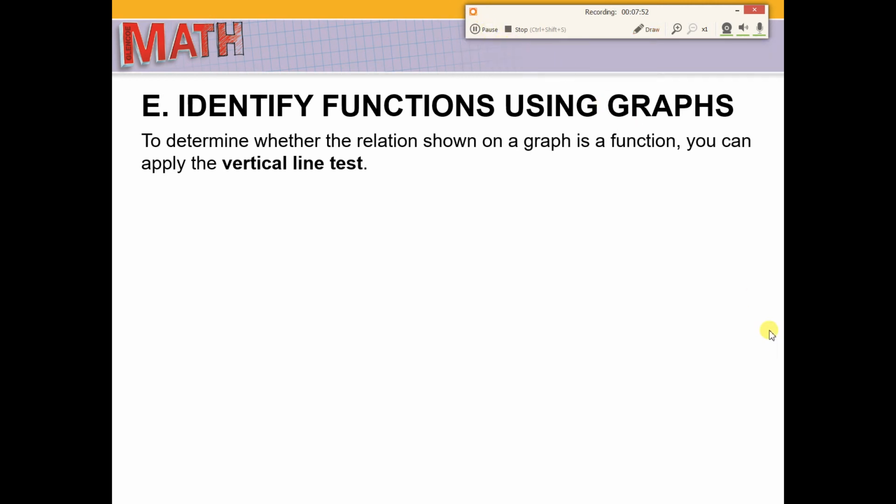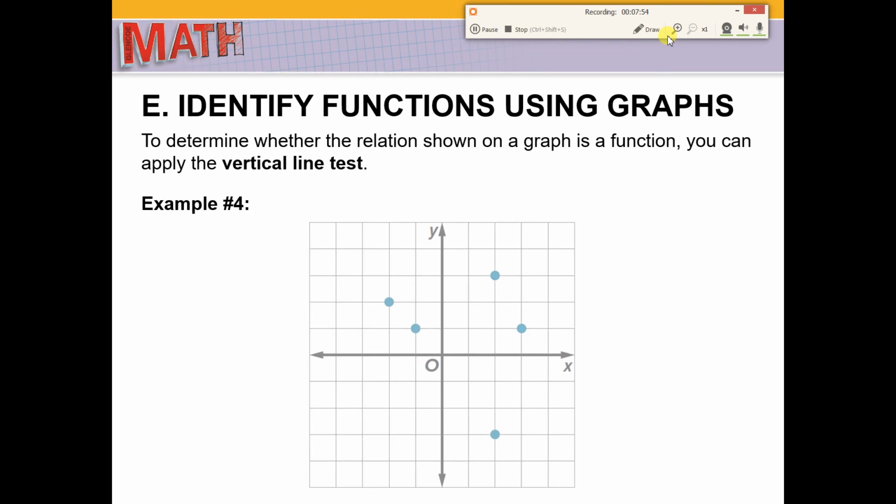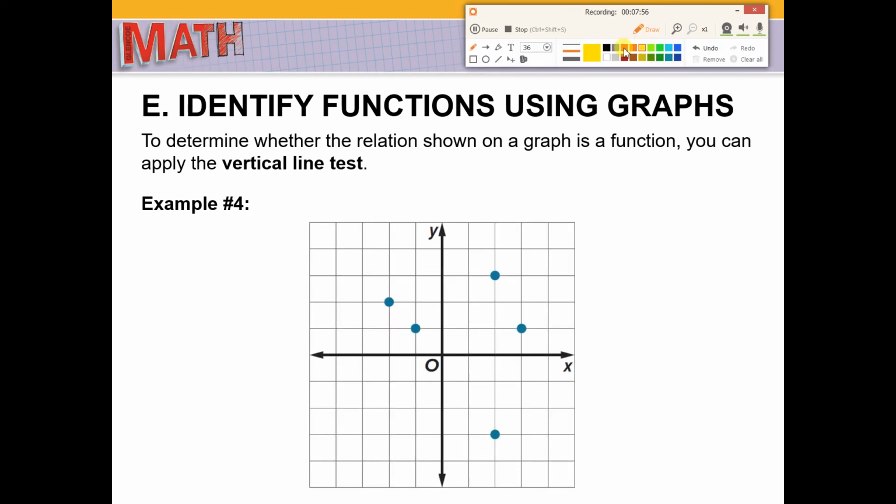Let's go to our next example. What if you have a graph that looks like this? We have only random points. Okay, so the same thing you have to do, draw vertical lines along the points. So if I do that along the points, I will have this vertical line.